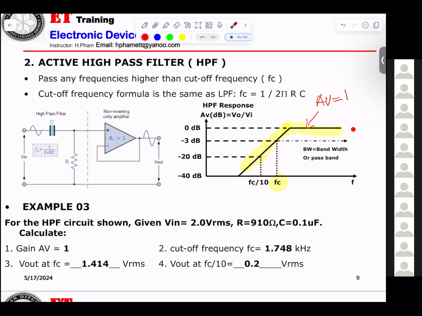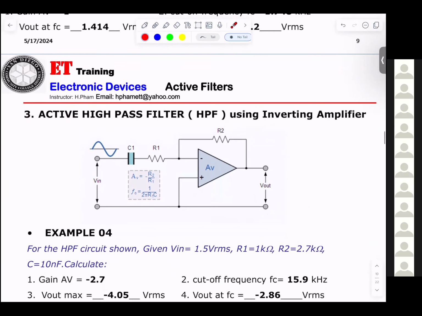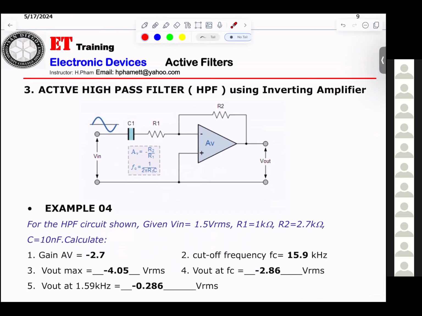It passes. However, less than, they will be cut off. Just opposite to the low pass filter. Nothing else. This is just a calculation. Okay. And now I just quickly go over here.